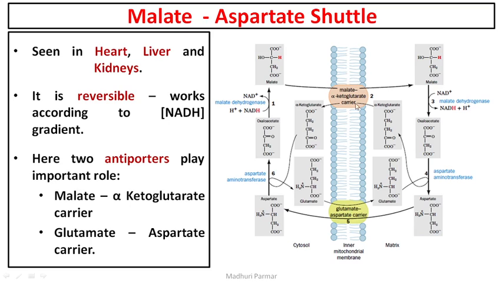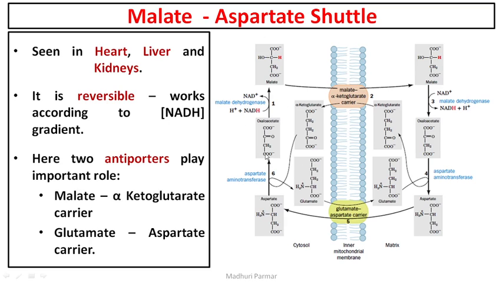So we are not considering the outer membrane at all, because the molecules can easily pass through it. So we are looking at the cytosol and the matrix, and in between we have the inner mitochondrial membrane. Clear? Now you have a molecule of oxaloacetate outside. Oxaloacetate, as you know, is a 4-carbon organic acid.